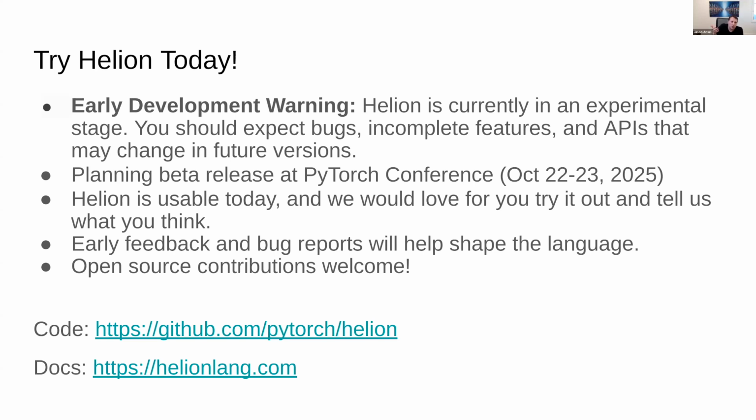But the other thing that we could do is use the autograd engine to compute the backwards of that kernel. And so we could actually generate a backwards of a Helion kernel automatically. That backwards would be just PyTorch operations, so it wouldn't be a Helion kernel. It would be something you could torch compile.